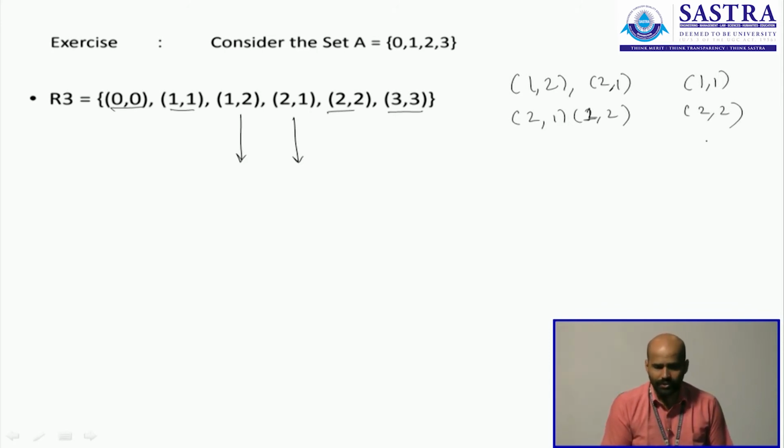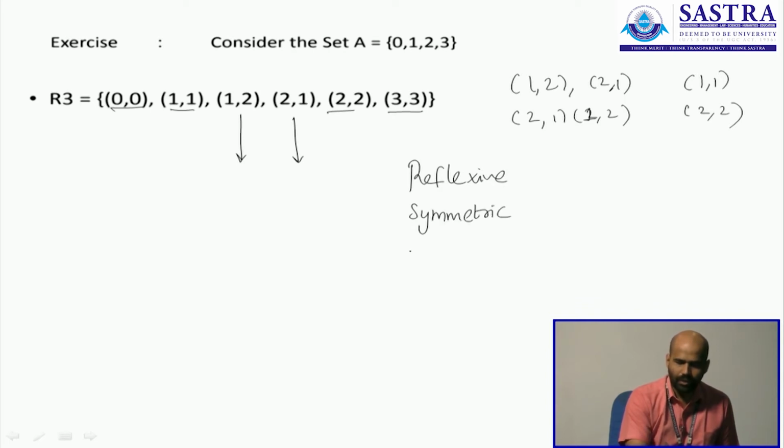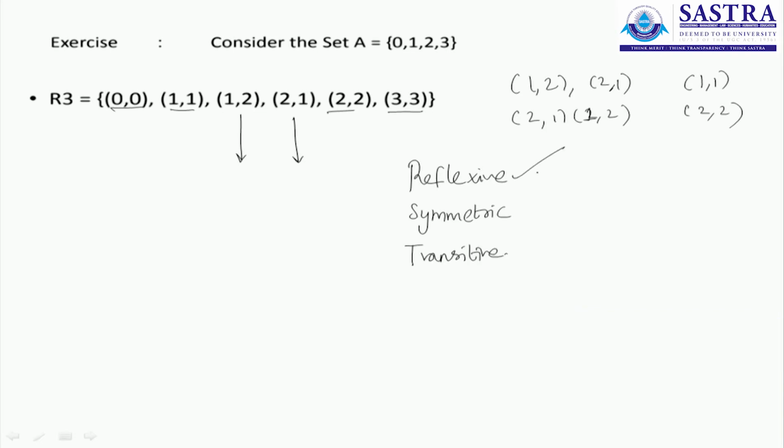In all other cases, whenever you are able to pair up the pairs AB and BC, you are in fact provided with the existence of the other pair AC, and hence this is of course reflexive, also symmetric and transitive. This is reflexive as well as symmetric as well as transitive.